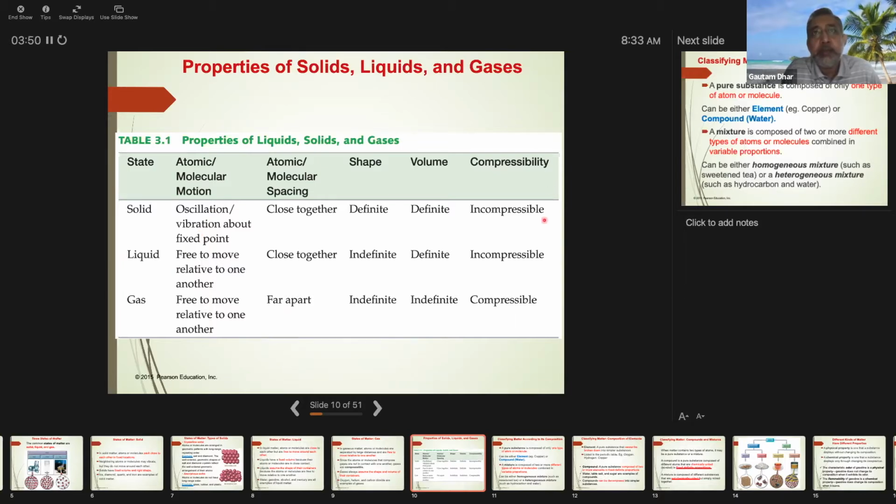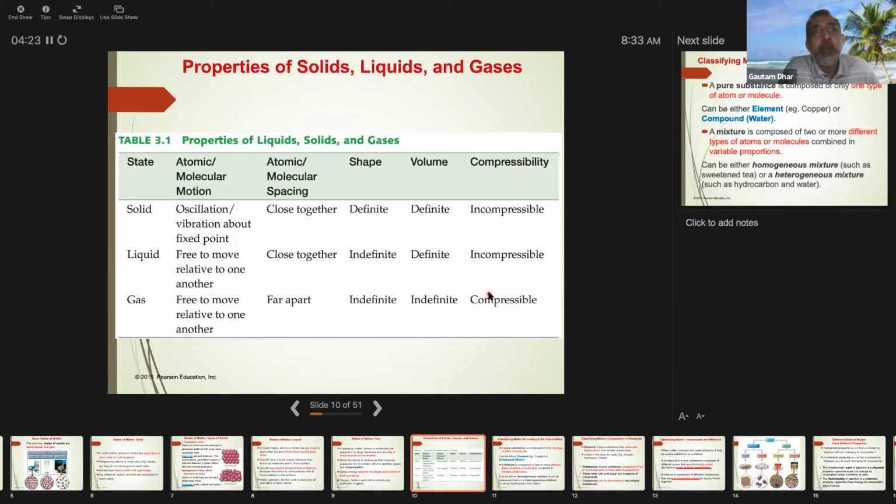And the last three are the physical properties: shape, volume, compressibility. So the shape of solids is definite, and the volume is also definite. But for the liquid, you can have any kind of shape, but the volume is still definite, and both of them you cannot compress. It is only with the gas that you can compress matter. So, very simple but very important definition here.